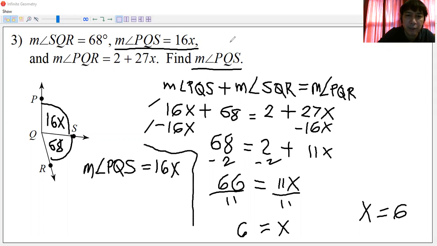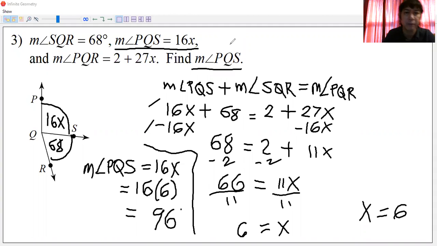So this will be 16 times our value of x, and our value of x is 6. There. So we're going to multiply this. So this is 16 times 6, so we have something like 96 degrees. There. 16 times 6 is 96 degrees.